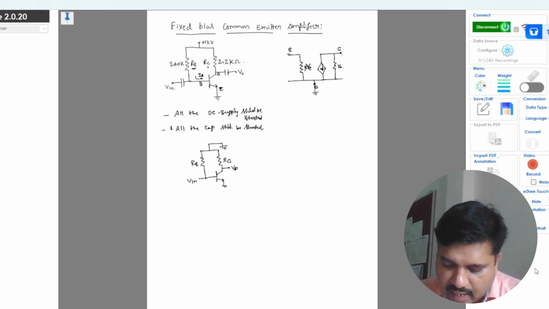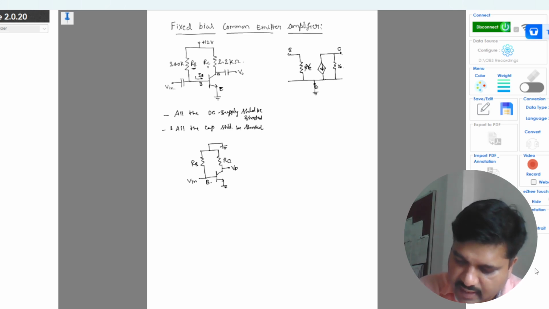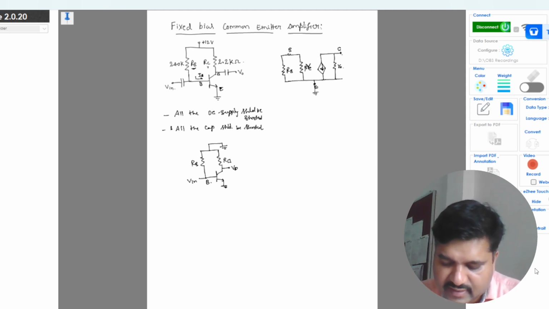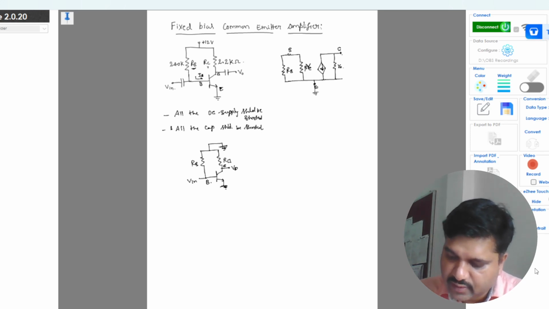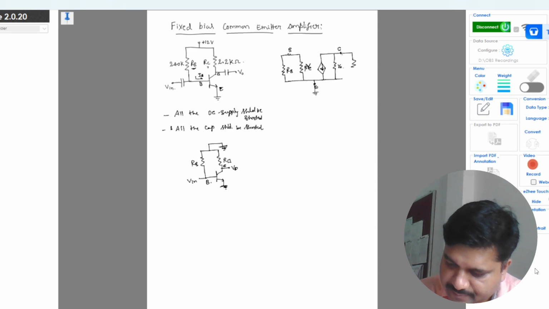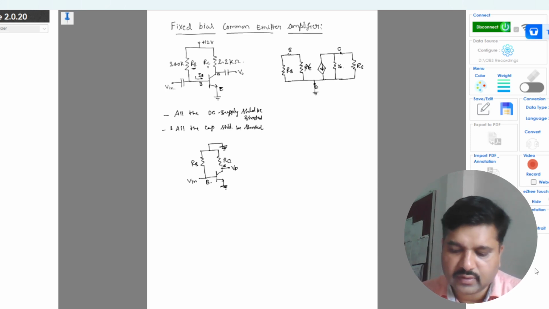RB is connected from the base to ground, and similarly RC from the collector to ground, since the supply end is also at ground.